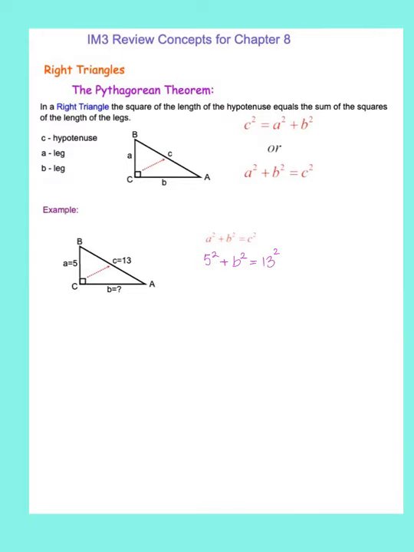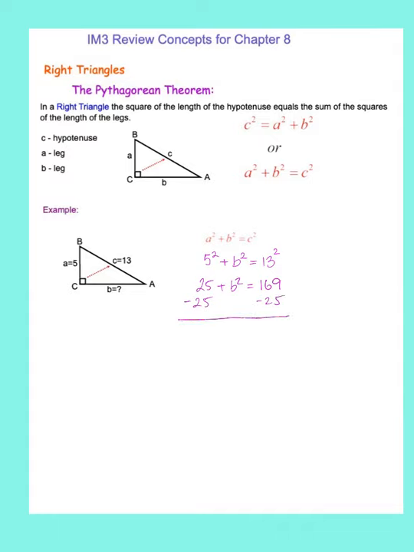In this scenario, we want to find the length of side B. So 25, which is 5 squared, plus B squared equals 13 squared, which is 169. And to isolate B squared, we subtract 25 from both sides.